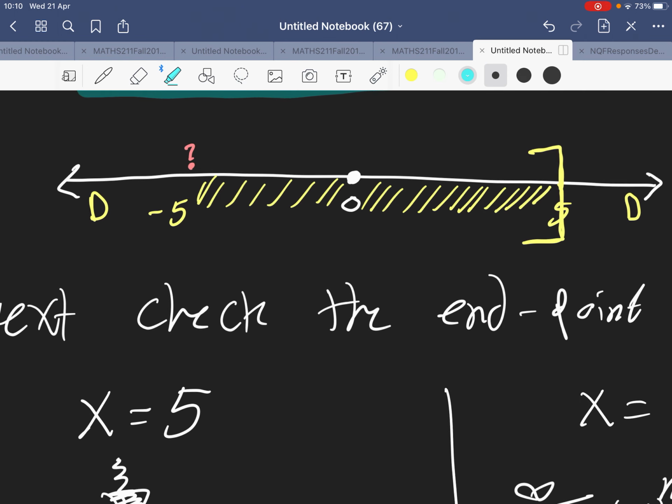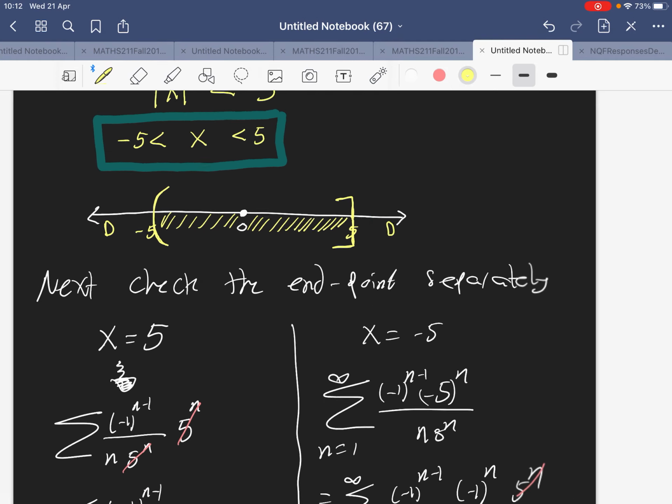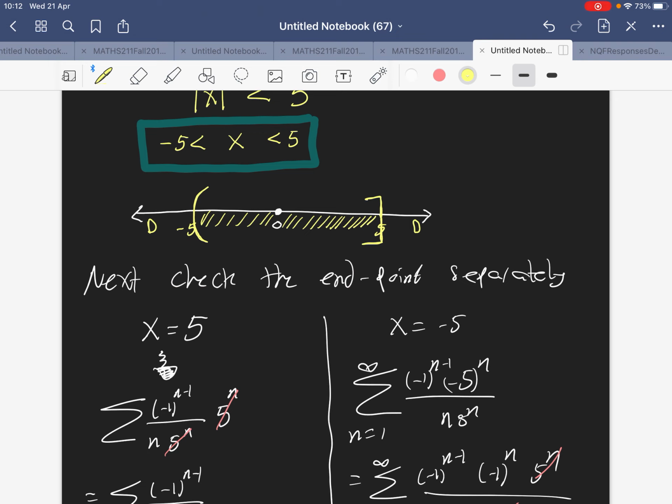And then we have to go back here, erase this one here, and just do it like this. That's exactly what we have here.